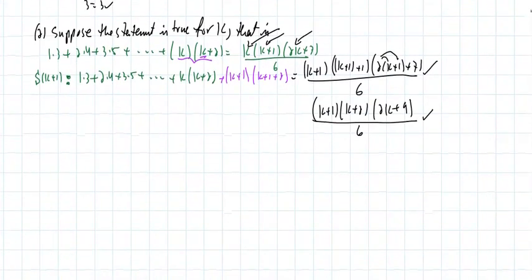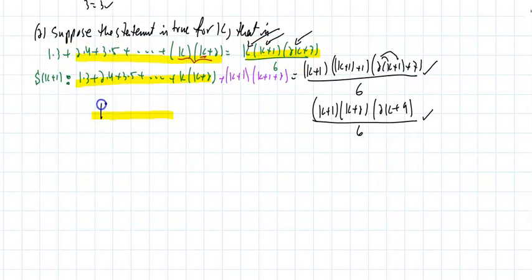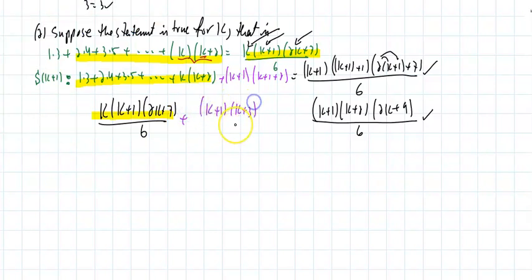Well, look, the left side: I made an assumption that this green part is this. Make the replacement: k into k plus 1 into 2k plus 7 over 6 plus k plus 1 into k plus 3. Now here you have to be careful.